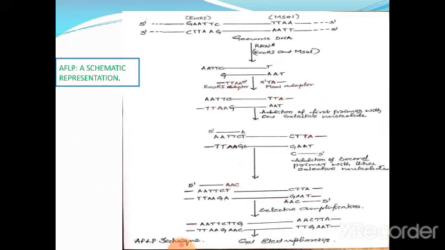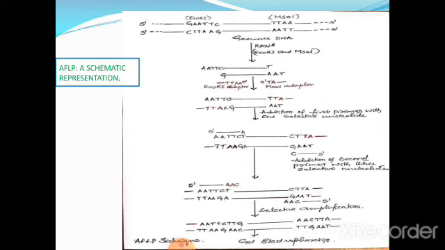Now, this is the genomic DNA, and here is one site for EcoR1 and one site for MseI. Both of them are restriction endonucleases. Now treat this DNA with both the restriction endonucleases simultaneously.